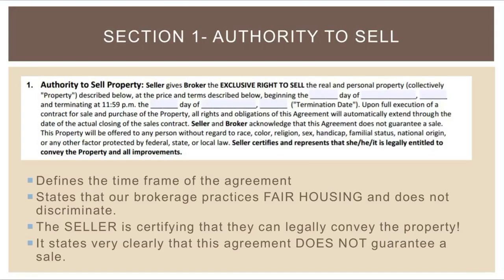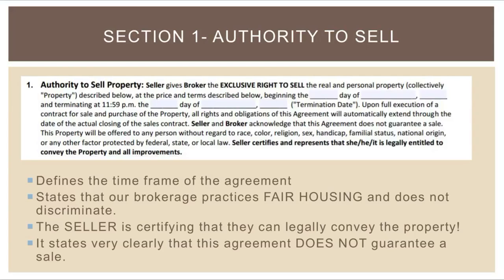If it is conveyed in any manner, whether through deed transfer or contract, or if the seller brings the buyer, or if your uncle brings the buyer, or whoever brings the buyer, the broker will be paid and compensated for their efforts during the terms of this exclusive right of sale listing agreement.